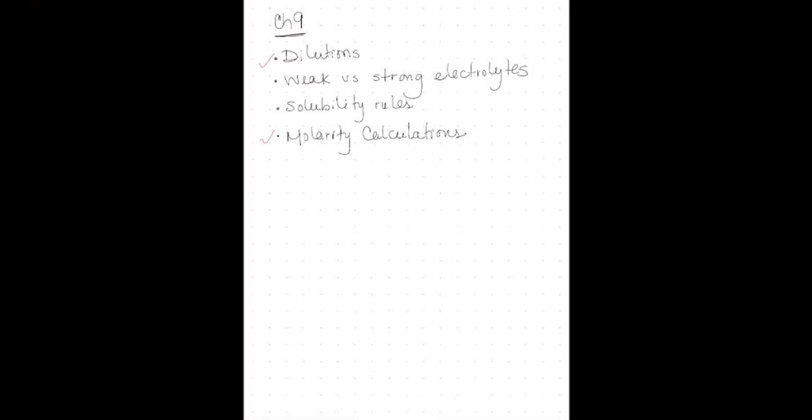That's what it is. Yes, Elle, you're correct. The strong ones are all ions. They're able to form cation and anion. And then the weak ones, some ions, but it's mostly molecules. And then non-electrolytes are going to be no ions at all.